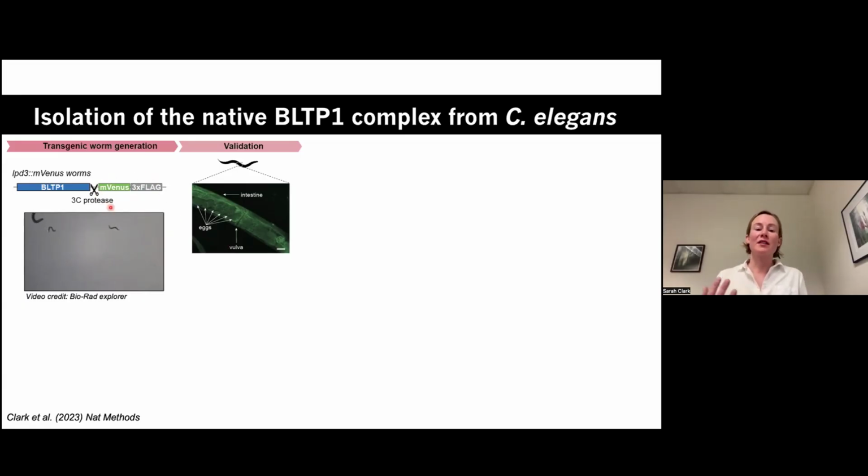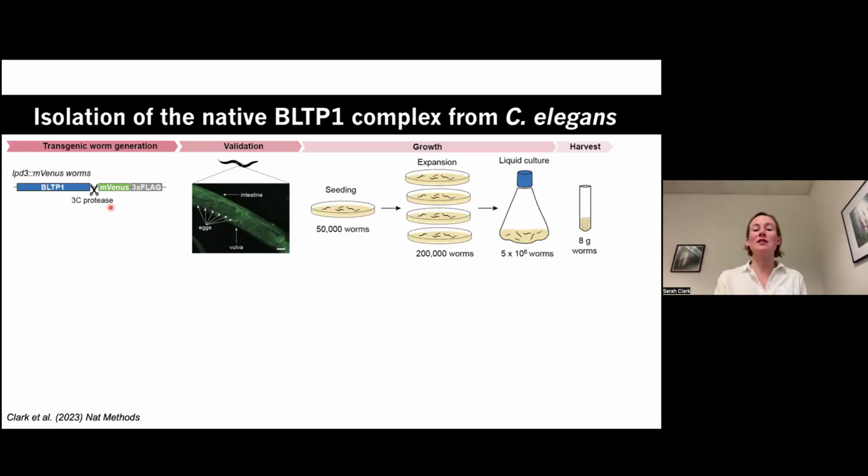After we had this validated worm line, we proceeded to grow lots and lots and lots of worms. First, we tend to grow worms on plates, very large plates, the 15-centimeter ones. Then we move them into liquid culture and grow worms in a similar way as one would grow bacteria in culture, with obviously some modifications. That allows us to get millions of worms from a single liquid culture.